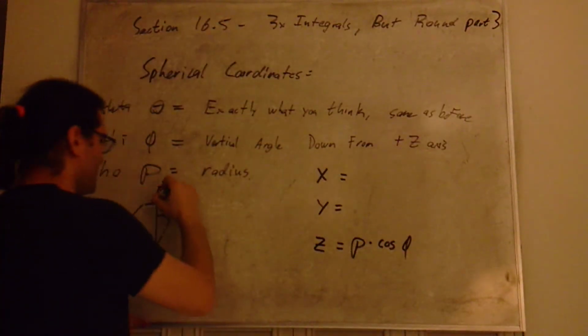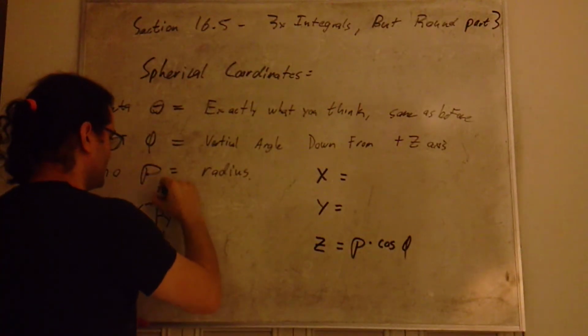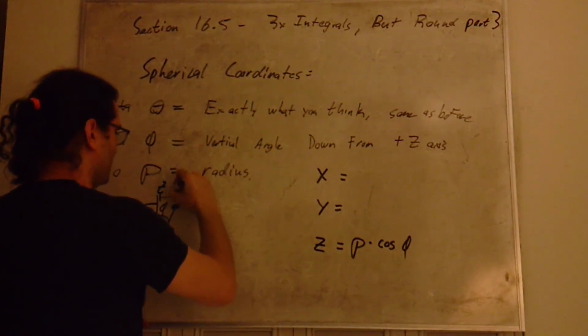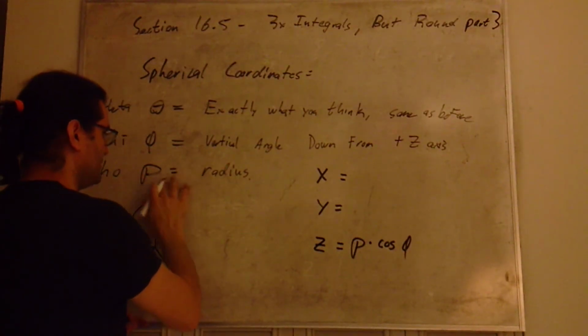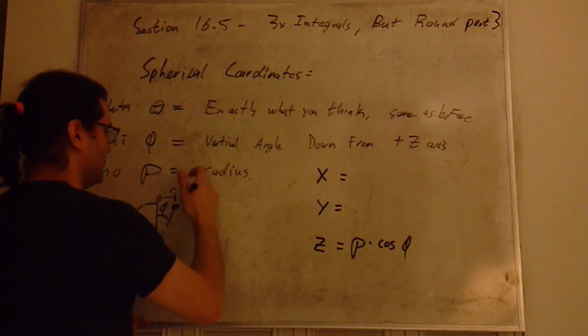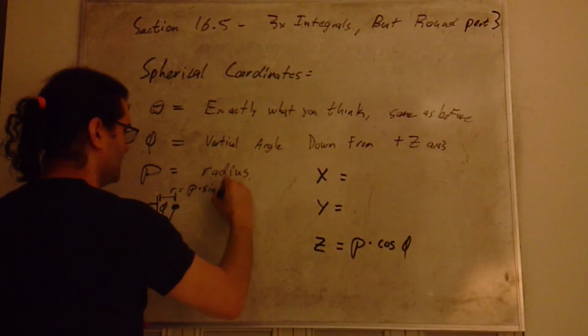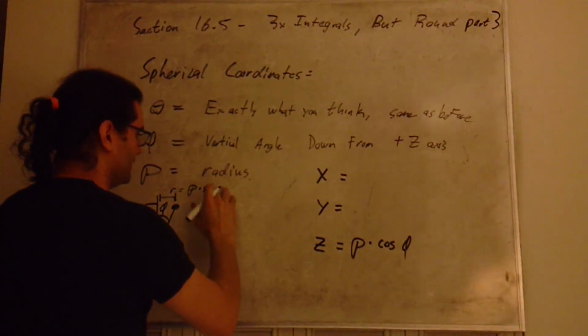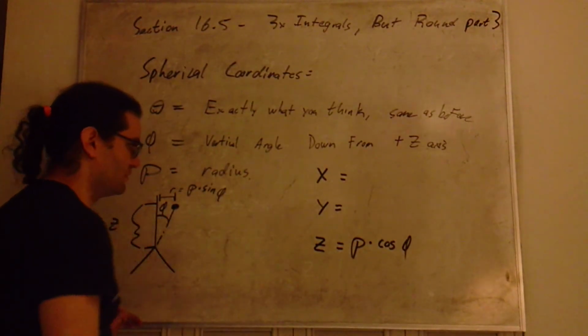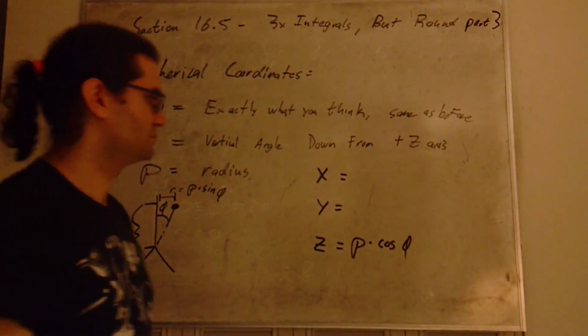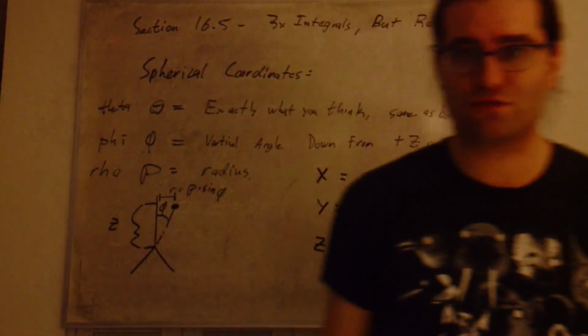That means that this horizontal distance, I'm going to call it r for now, is rho times the sine of phi. But that's not x or y.